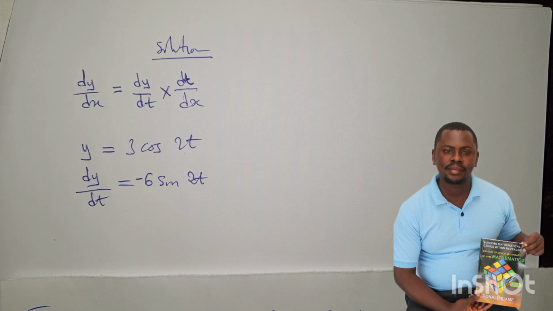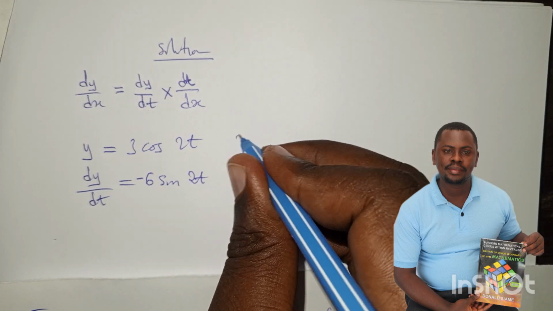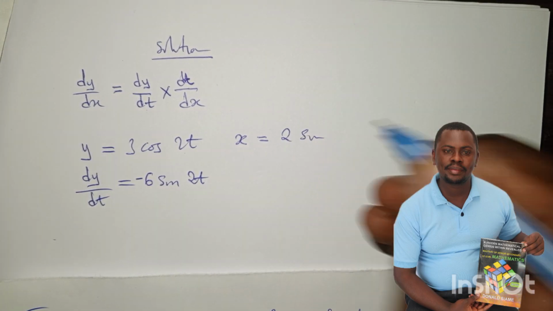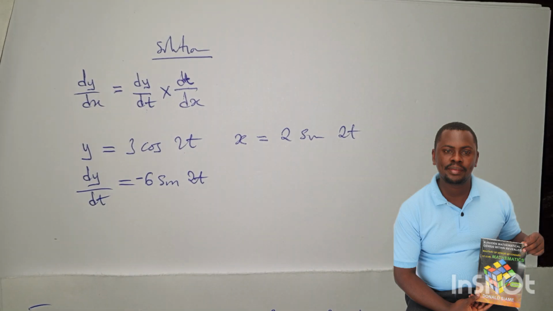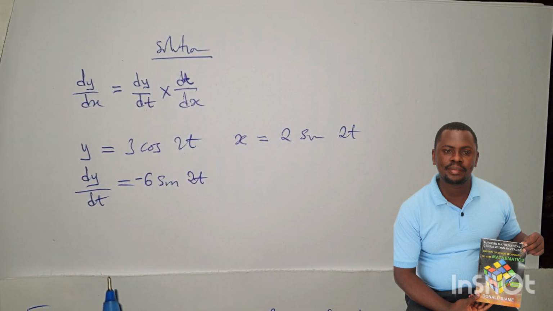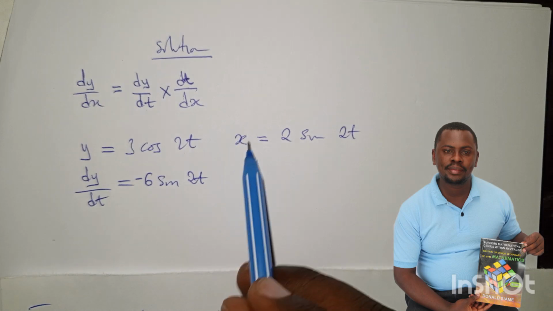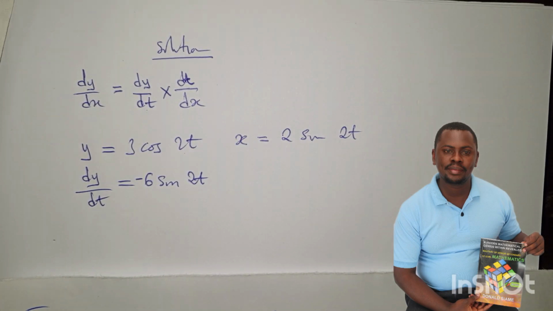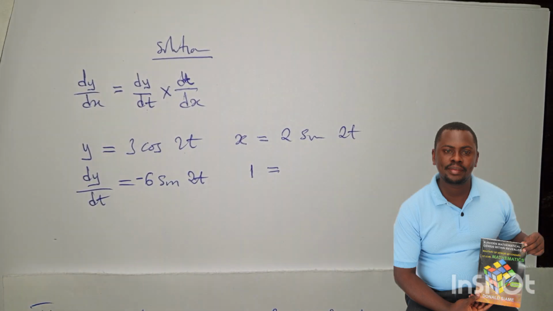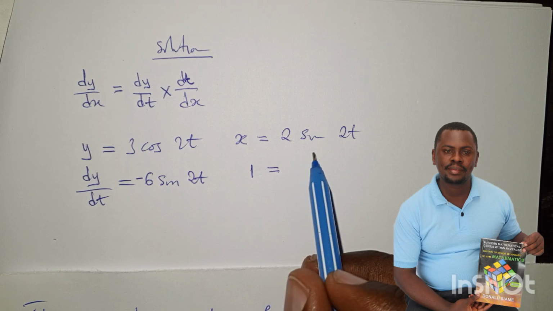Okay, we go to our second function, x is equal to 2 sin 2t. This one we are differentiating with respect to x, so that we come up with dt/dx. What is the derivative of x with respect to x? That is a 1. So we have 1 is equal to the derivative of 2 sin 2t.